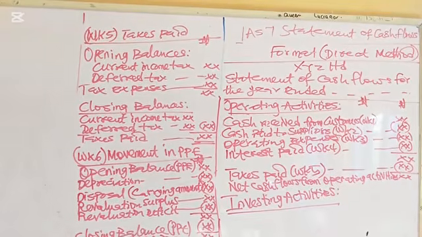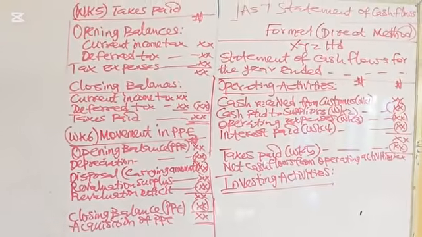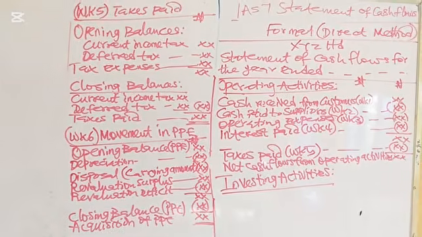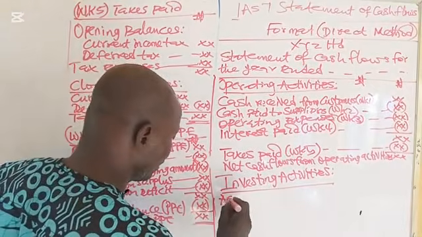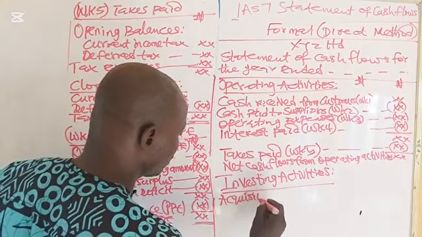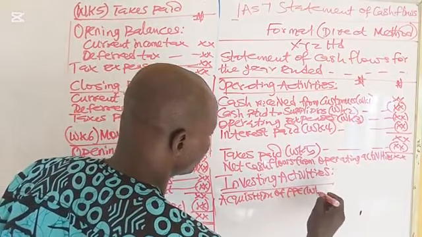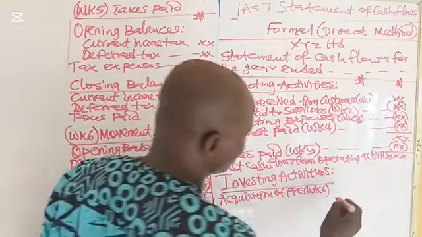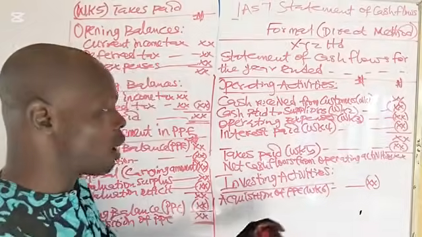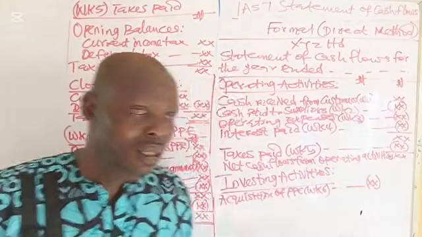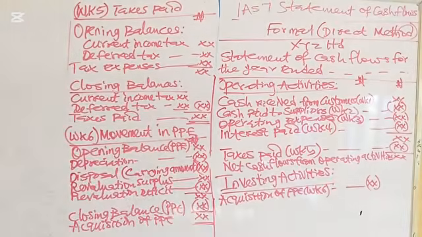The acquisition of PPE will be reported as investing activities. Working number 6. Acquisition of PPE. When PPE is acquired, PPE is bought, it will result in outflows of cash. That's why we put that in braces.